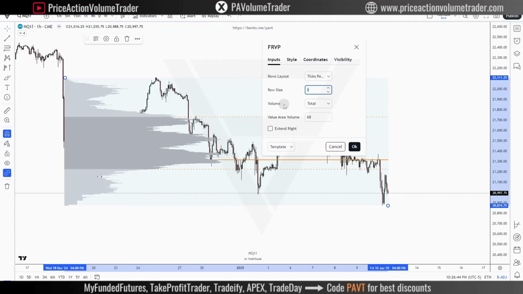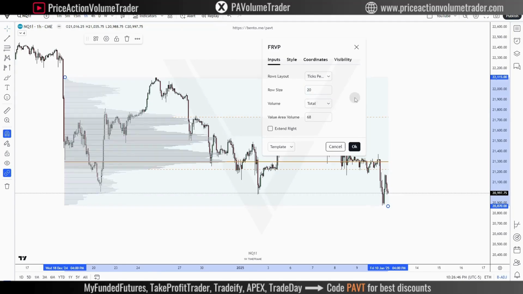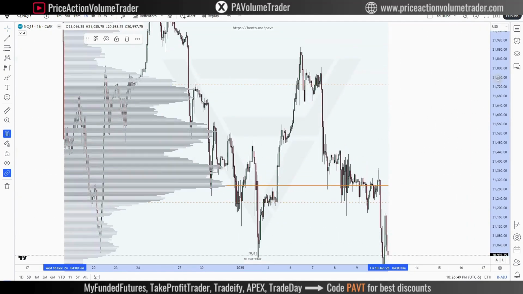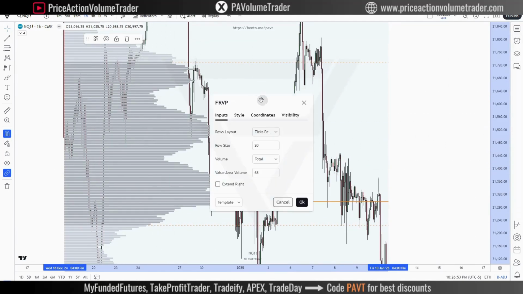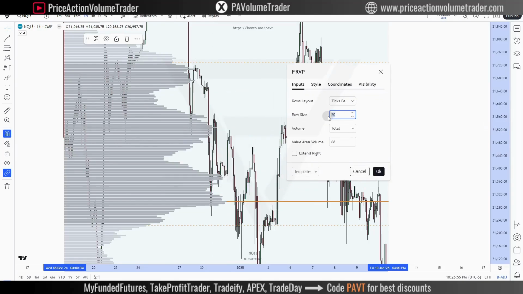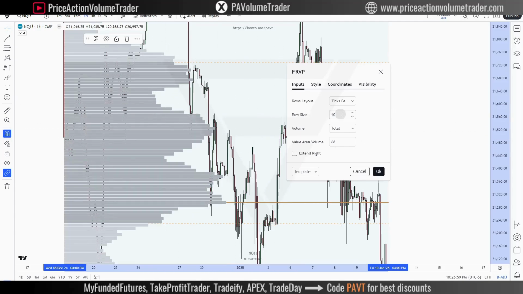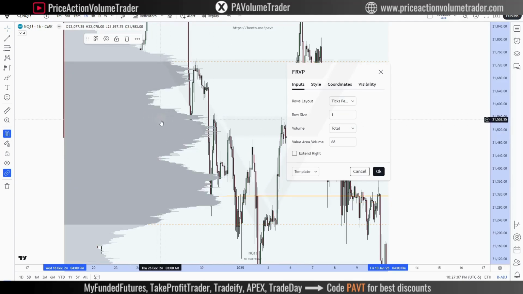If I put 20, you can see that the profile is going to start looking a lot chunkier. If I raise this even more to 40, you can see that it's starting to lose definition. So if you're using ticks per row, the lower the number, the more defined it is going to be.